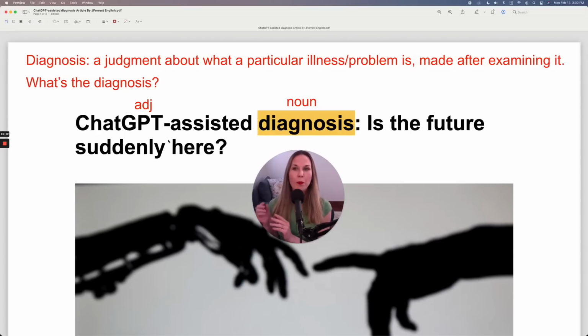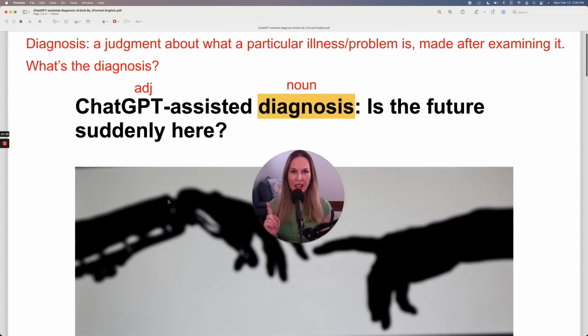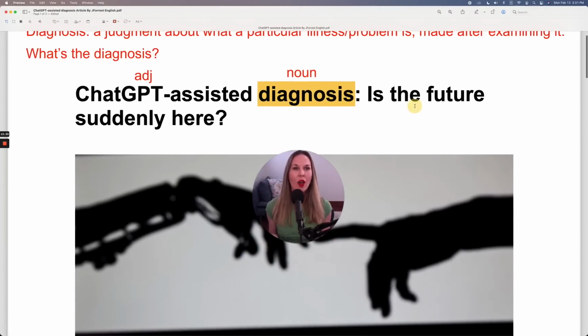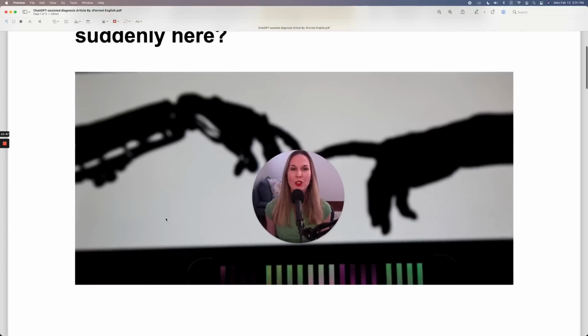It was made by ChatGPT, which is an artificial intelligence, hence the image you see here. Is the future suddenly here? Because obviously having artificial intelligence rather than doctors diagnose medical problems is a futuristic scenario. So this is a very interesting article.